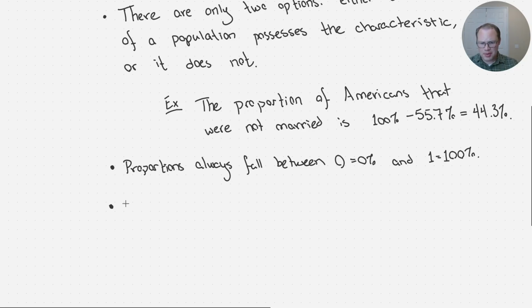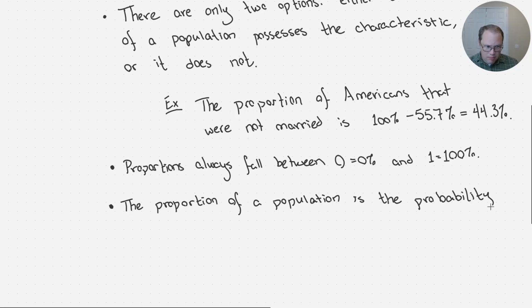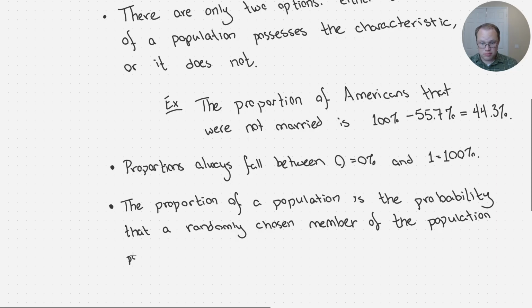The proportion of a population is also the probability that a randomly chosen member of the population possesses the characteristic, whatever the characteristic is that we're measuring.